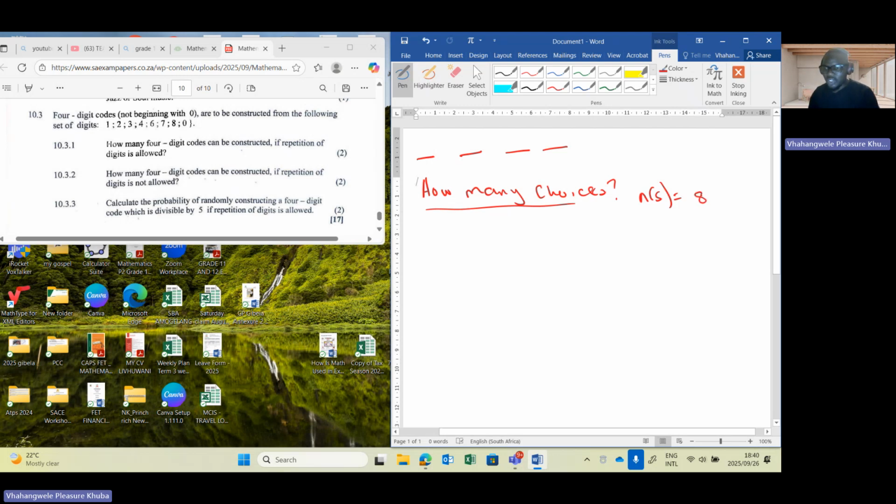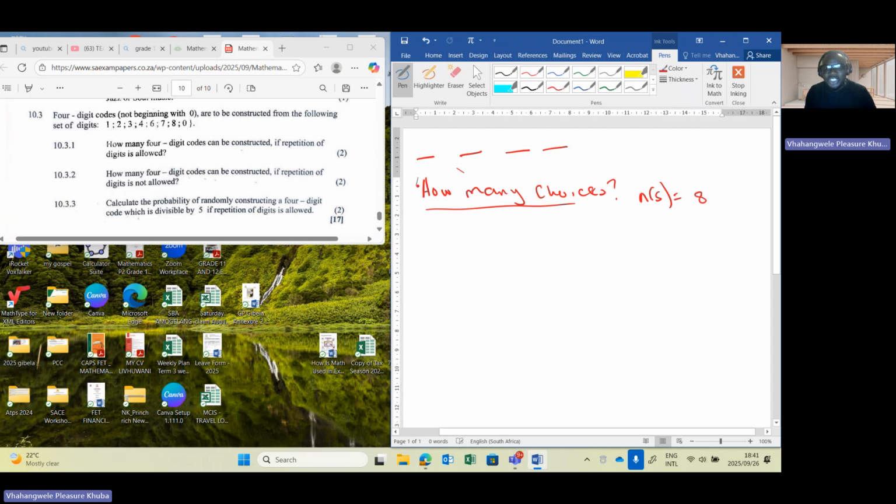And allow me to remind you that when you are dealing with the counting principle, we don't care about the results. The results I'm referring to is the code given. We don't want to see the code, but we care so much about the number of choices we have for that particular position, because we are going to deal with position by position.